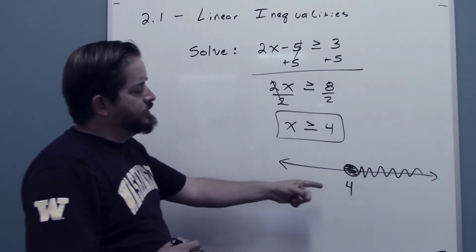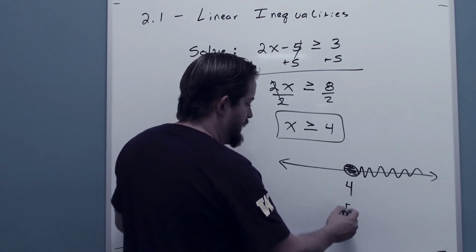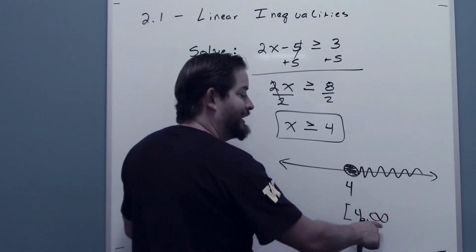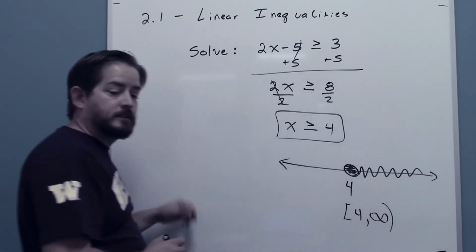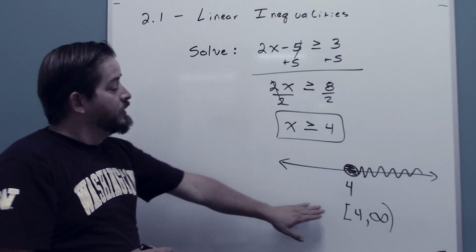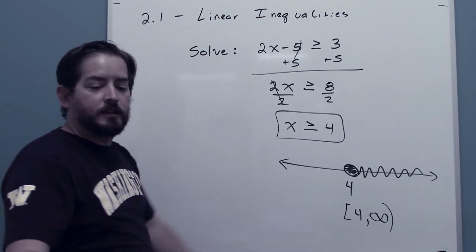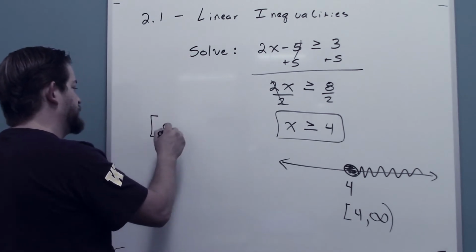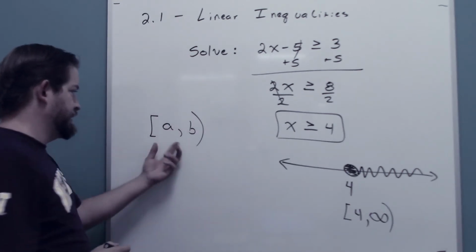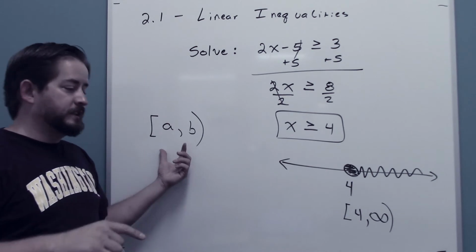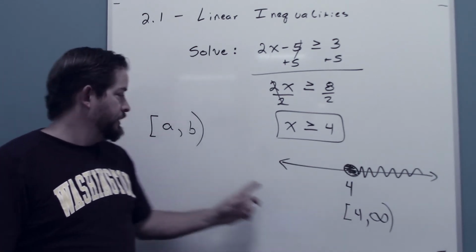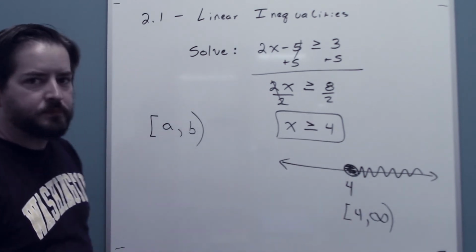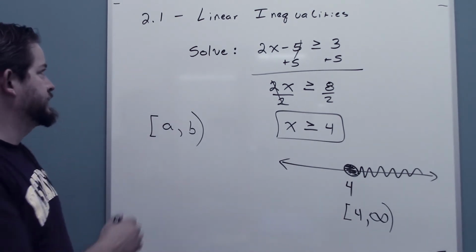Which if I were to write this in interval notation would be a bracket 4, and then it goes off to infinity, and infinity always has a parenthesis, right? So this is the solution. They ask you to identify the form. The form is a bracket, some number a to b, and a parenthesis. And then it specifically says what is a is 4, what is b is the infinity symbol. And that's number 6.